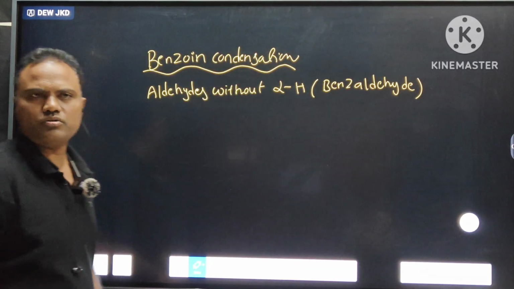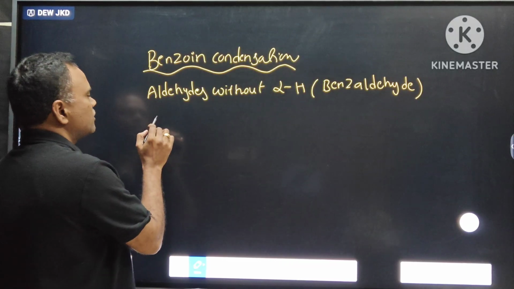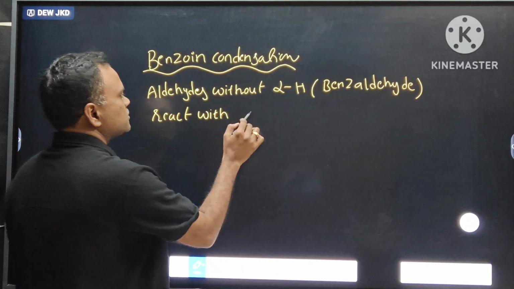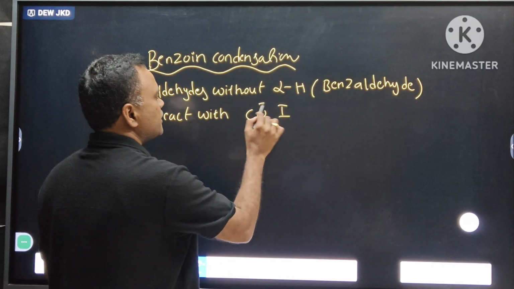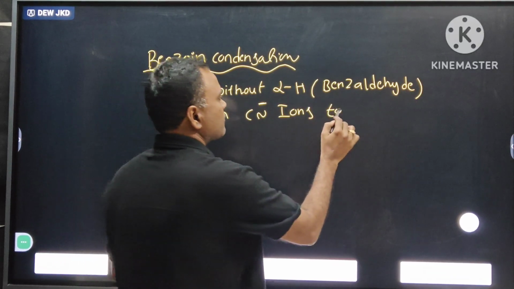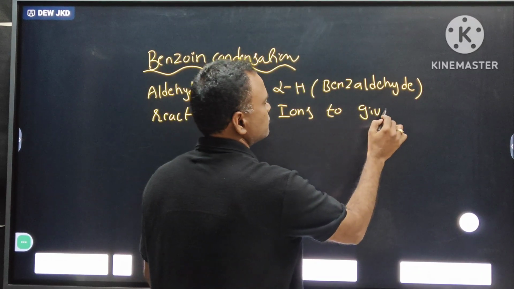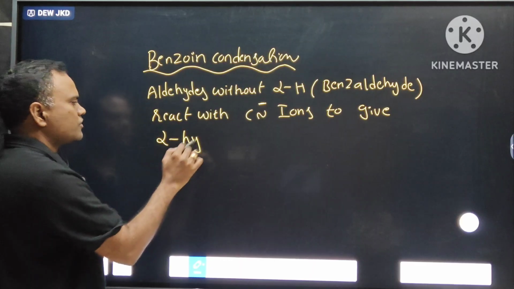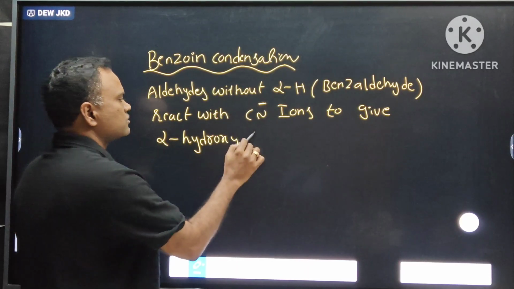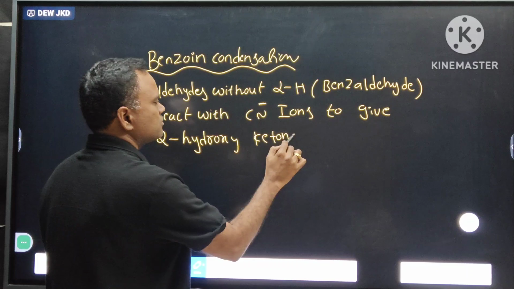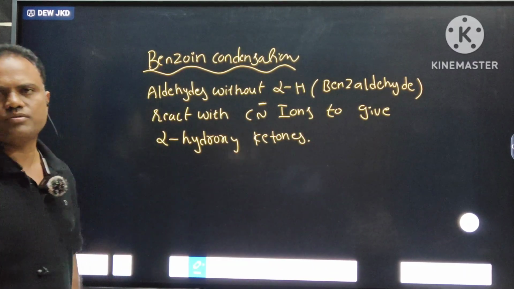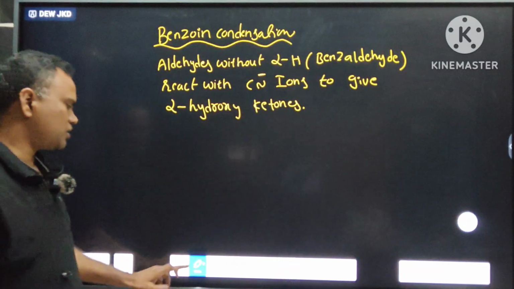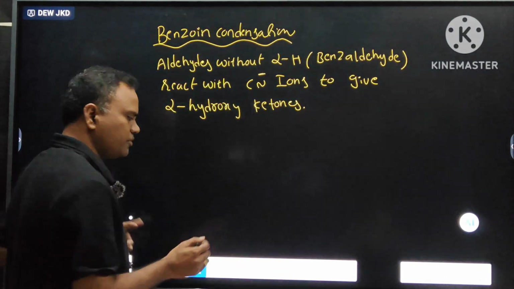Aldehydes without alpha hydrogen react with cyanide ions to give alpha hydroxy ketones. Just remember the product: in the alpha position, a hydroxy group will be present.